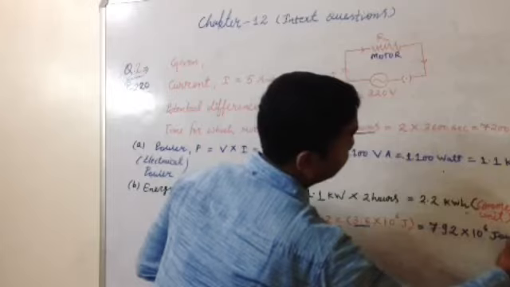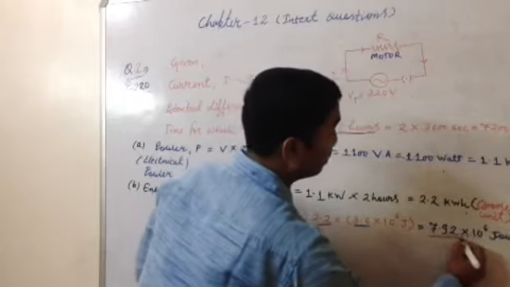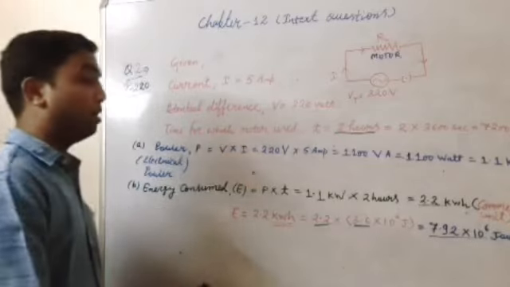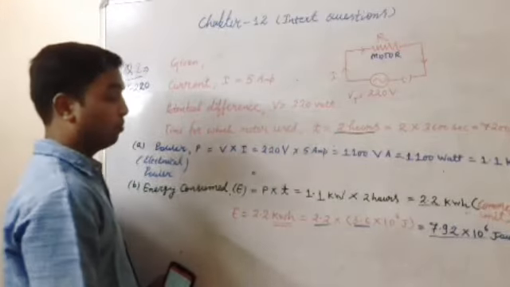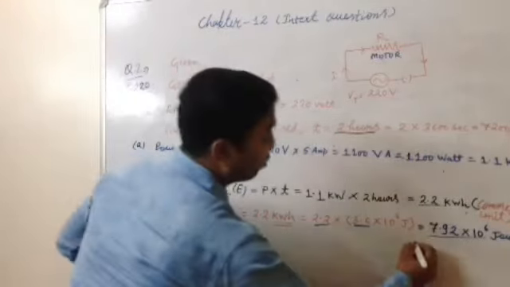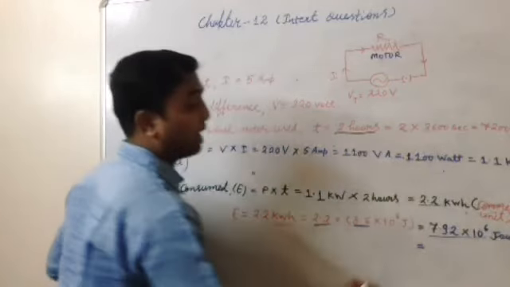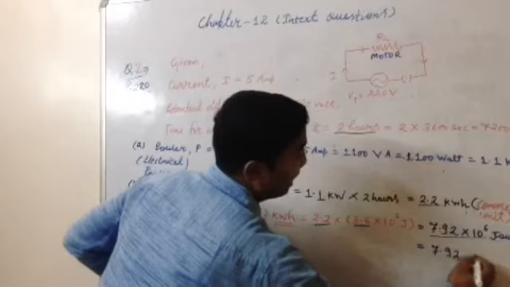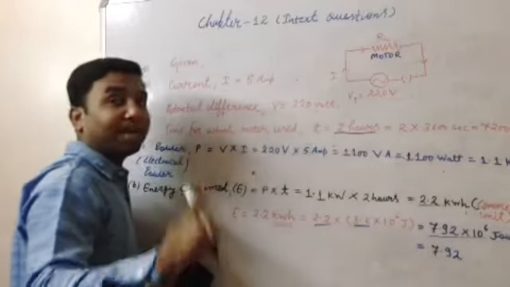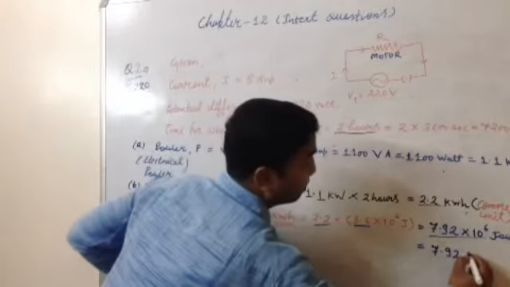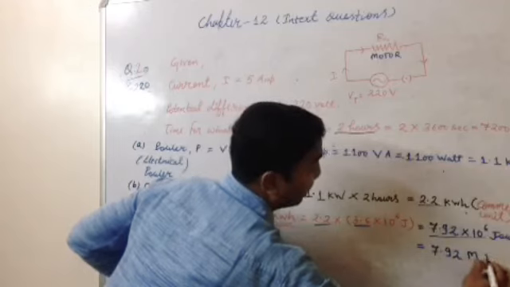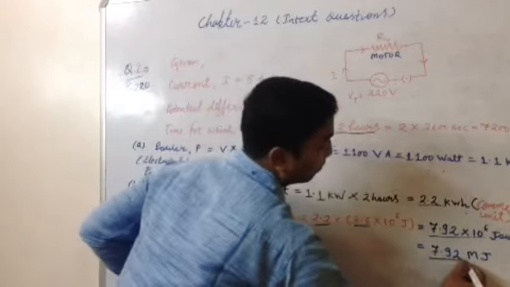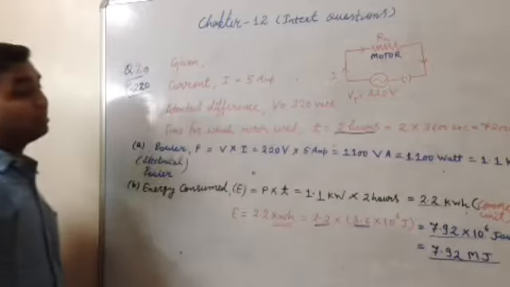So this would be the answer in joules. So both the answers you can tell. Is it clear? Yes, sir. Okay, one more thing you can write if you want. 10 to the power 6 is known as mega, so this would become 7.92 megajoules, MJ. So all these answers are possible.